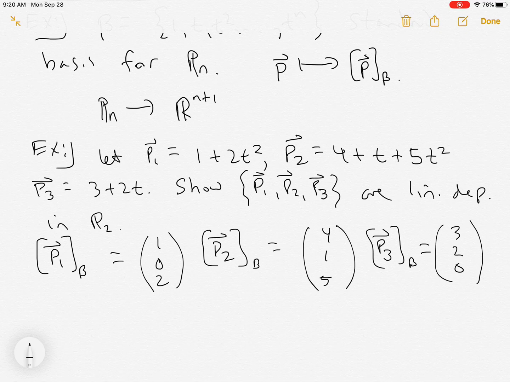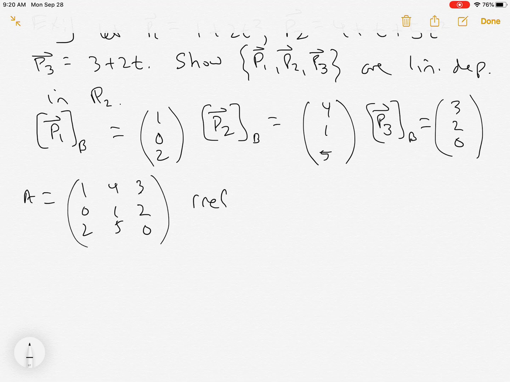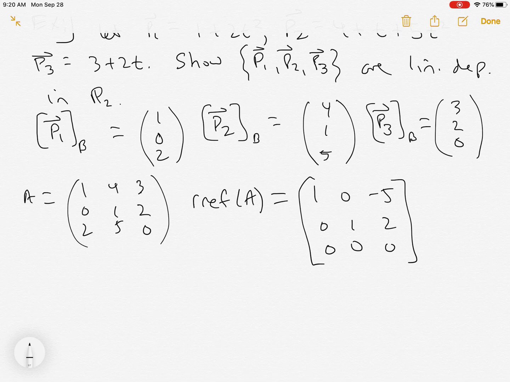So now we're looking at column vectors. We throw these three into a matrix A. Compute the row reduced echelon form of A and get (1, 0, -5), (0, 1, 2), (0, 0, 0). One free variable tells you there's a linear dependence.